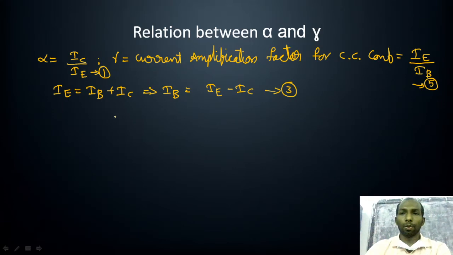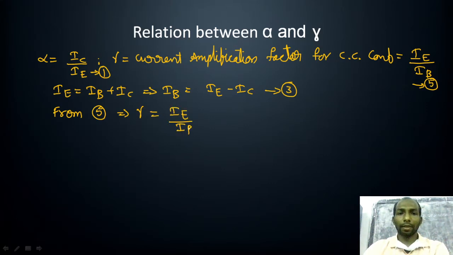From equation 5, I can write gamma is equal to IE by IB, and by using equation 3, IB is IE minus IC. So gamma is IE by (IE minus IC).